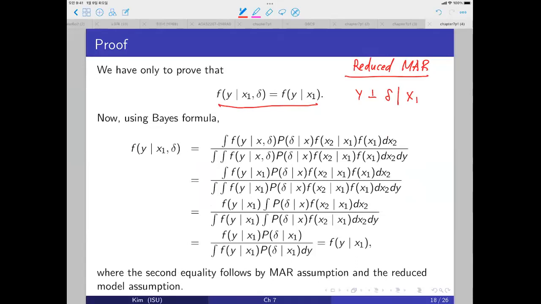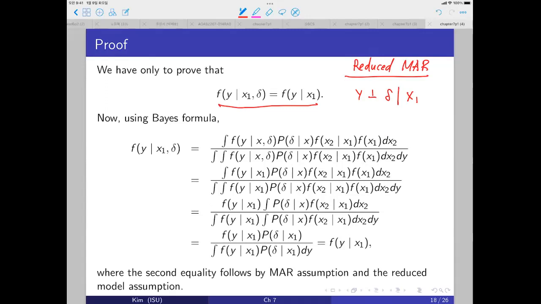To make this one, you need to get rid of X2, so you integrate out over X2. That's what we did in the numerator. In the denominator, it's the same thing, but we also need to get rid of Y, so that's why we have integration over Y in the denominator. So at least the first equation is just a kind of definition, right?